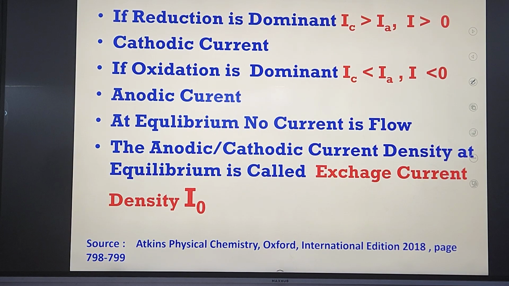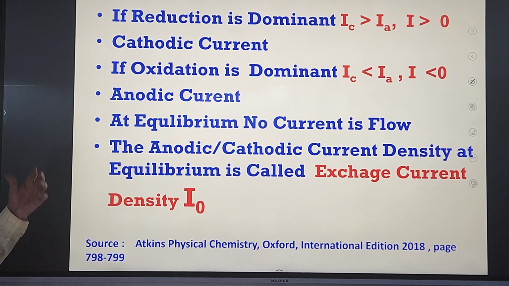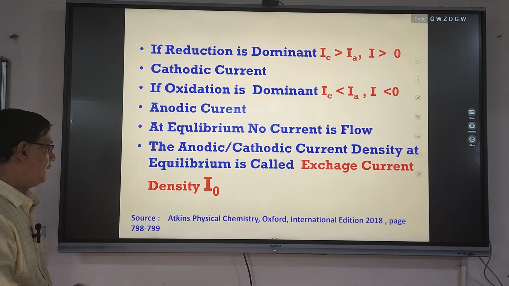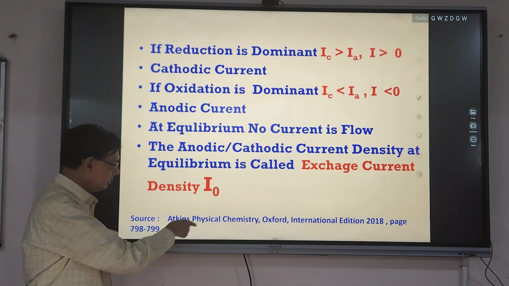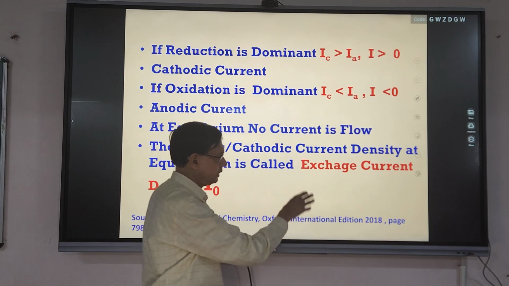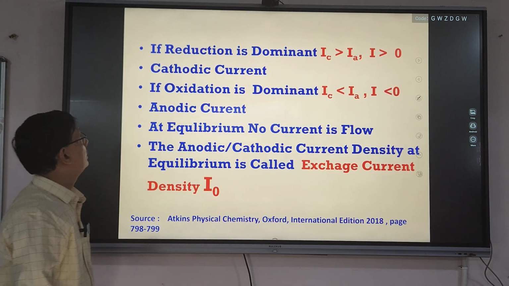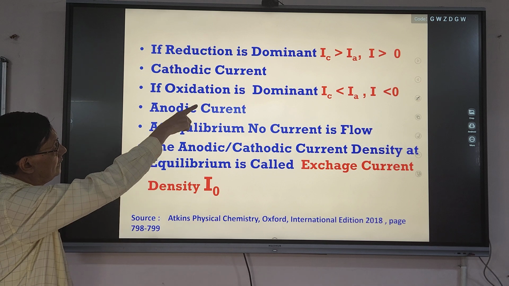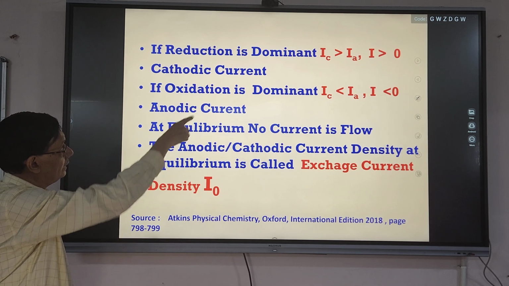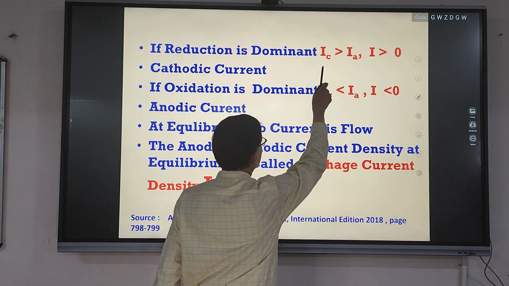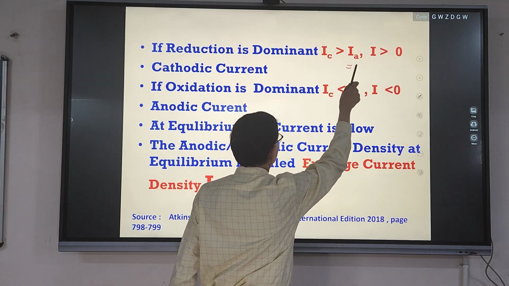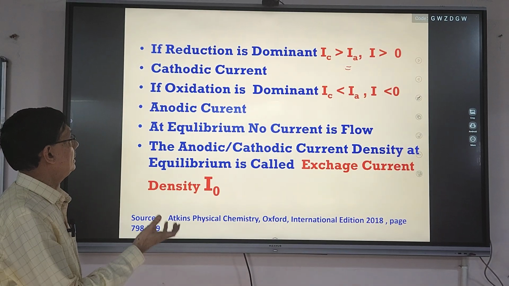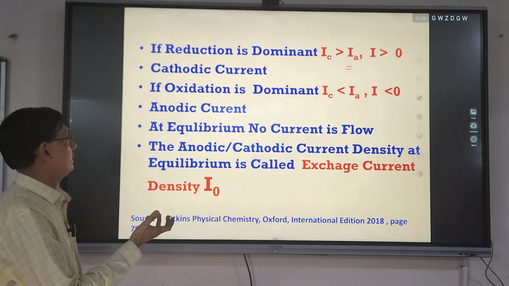Now I am coming to when one is predominating and when one is not. Again I am taking this conclusion from the Atkins physical chemistry book, where they have given a very simple derivation. If the reduction is dominant, the cathodic current is greater than the anodic current and I is less than 0, so the cathodic current is predominating.